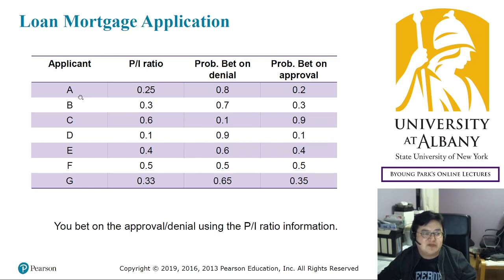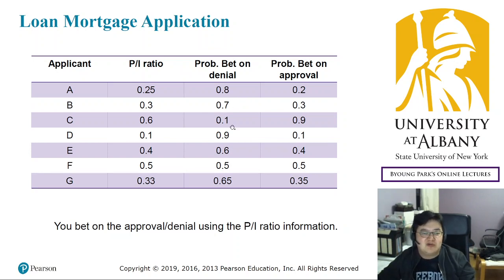So, for example, the first applicant had only a 0.25 ratio, so you bet 80% on denial, and B has a 30% PI ratio, so betting is 70%. It's not a good betting. Anyhow, in this way, you have to carefully choose and balance the denial and approval.